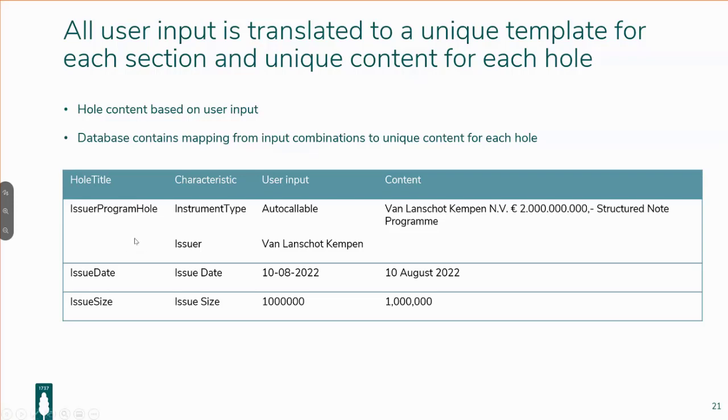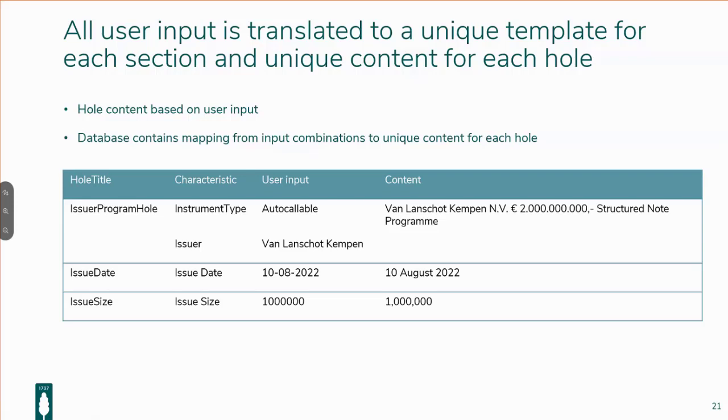So for example, assume that we're looking at the issuer program hole, then the characteristics that decide which content is contained in this hole are the instrument type and the issuer. And if these inputs are, for example, an autocallable and van Lanschot Kempen, then the issuer program hole will be filled with van Lanschot Kempen NV 2 billion euros structured note program.